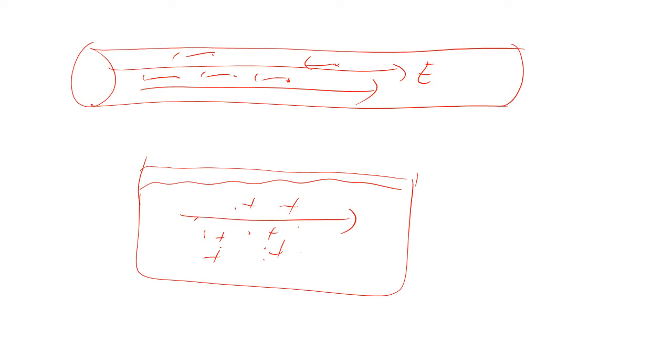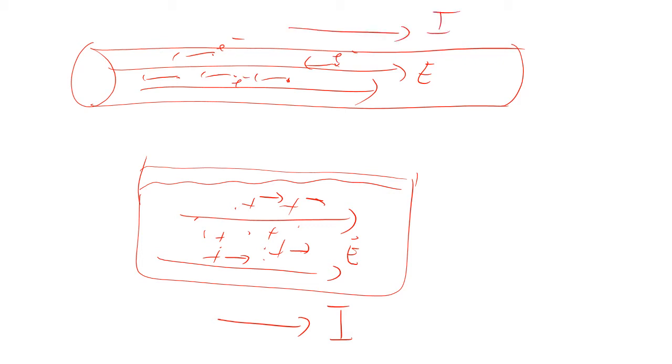And if I apply an electric field this way, then all those positive charges start moving that way. In that case, the current is in that direction, the direction that the charges are moving. In the upper case, the electrons are all moving to the left, and so the current is to the right. Okay, remember, electrons are negatively charged. Current is defined as positive charge. So there's more than one way of getting electric flow.